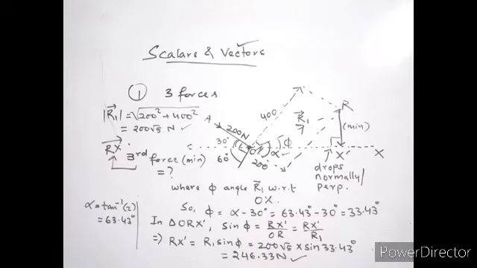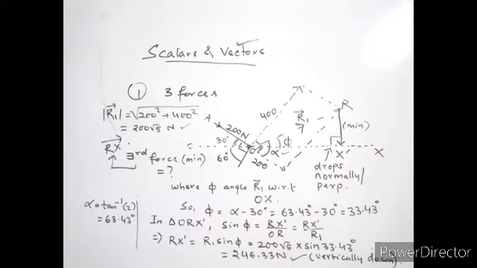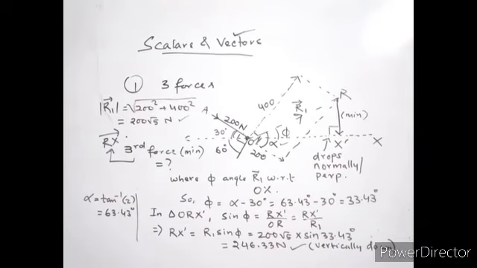And obviously, as you can see, this vector has to act vertically downward with respect to the resultant that has been obtained for the first two vectors. So that's how we find the third vector, the minimum force that is required.